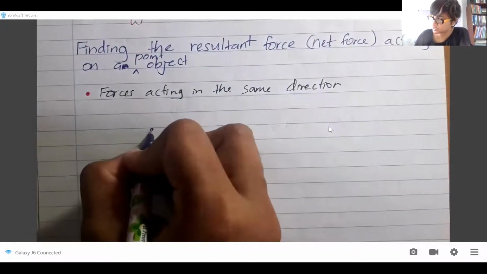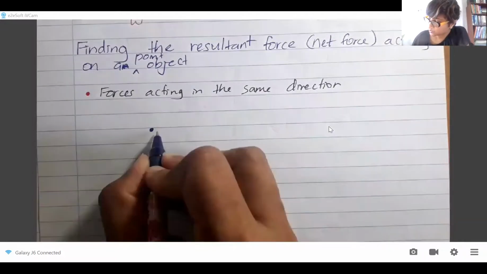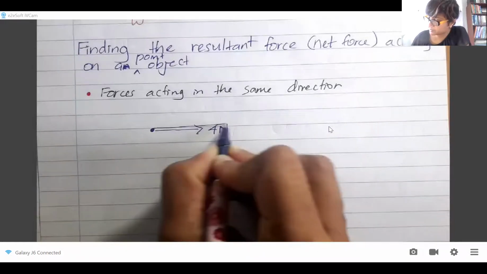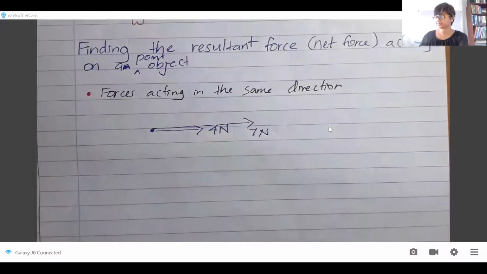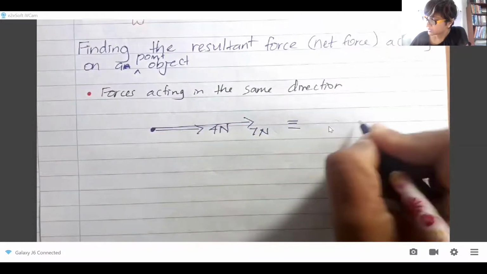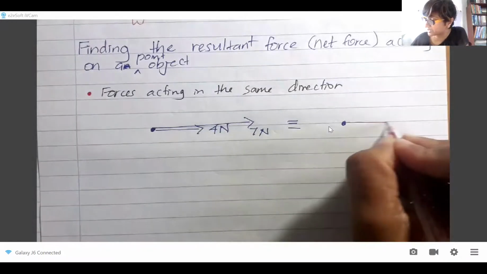So for example, here's your point object, and you have one force acting 4 newtons and another force acting in the same direction 7 newtons. What's the resultant? This is equivalent to having just a single force in that direction.